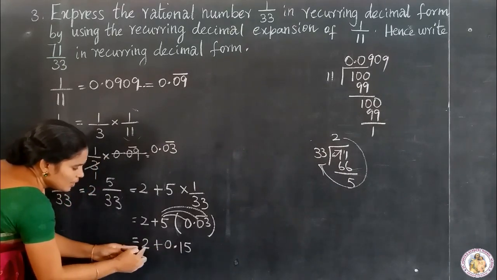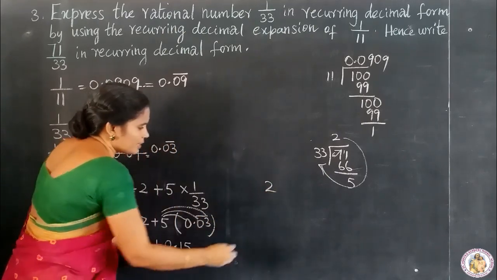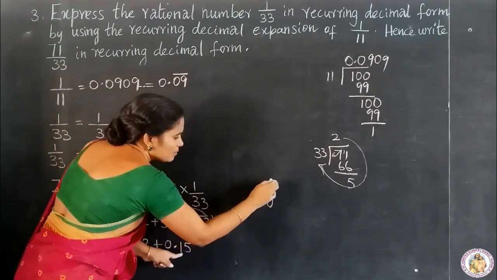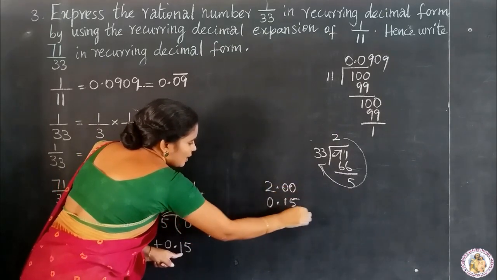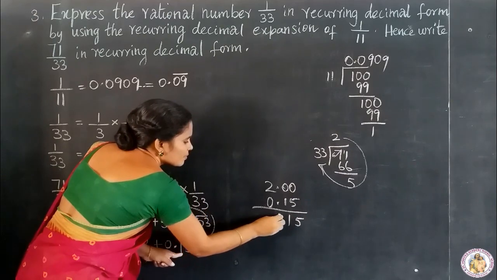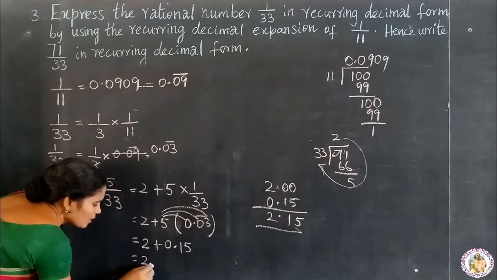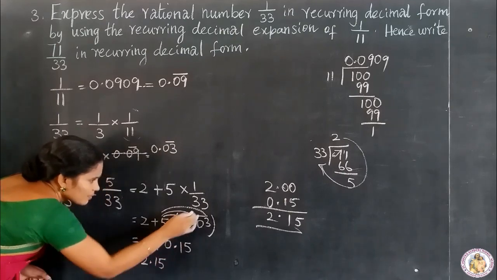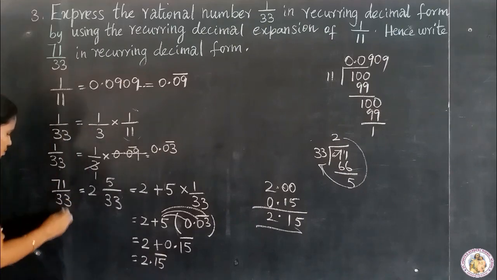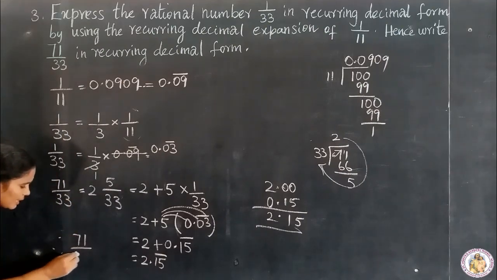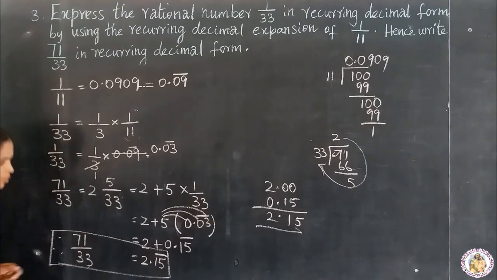So now add 2 plus 0.15. 2 is a whole number, 0.15. So keep decimal, add 2 zeros. Simply add. Okay. 2.15. Here we have bar. Okay. So therefore 71 by 33 is equal to 2.15 bar.